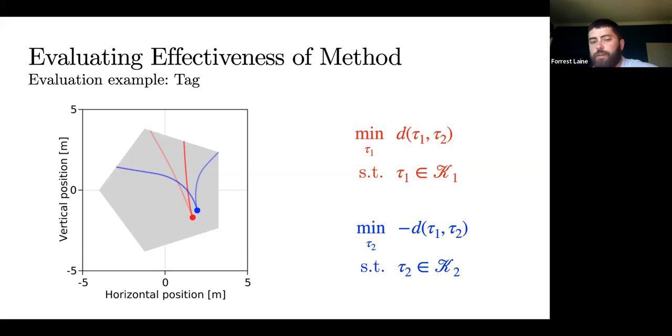But the basic way that this game is defined is that there's an objective D, which is the distance between the two players. This is a min distance over time. The pursuer is trying to minimize that distance, and the evader is trying to maximize it. So this is something that we call a generalized zero-sum game.